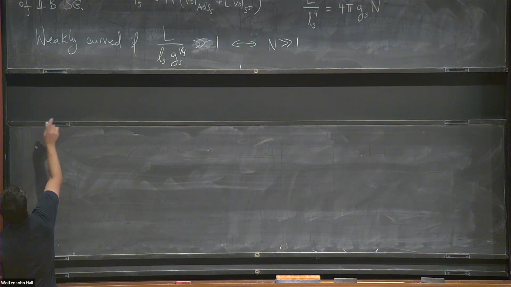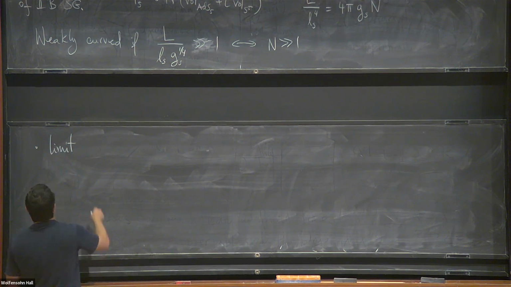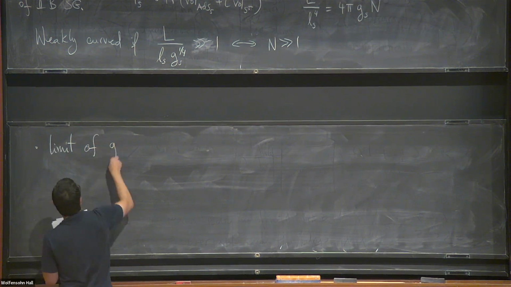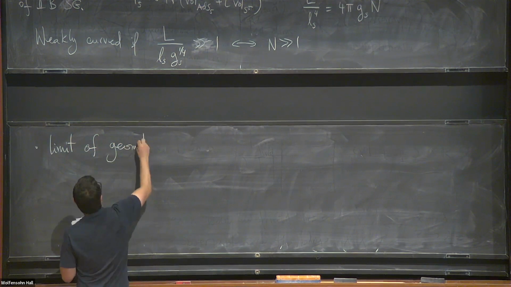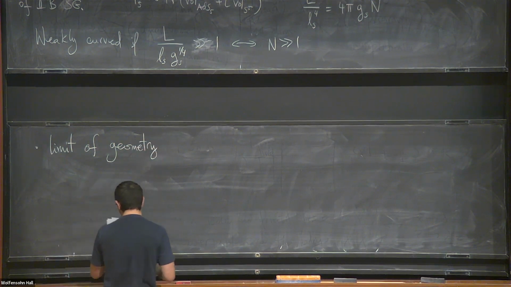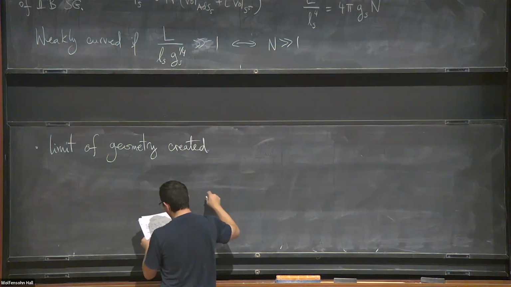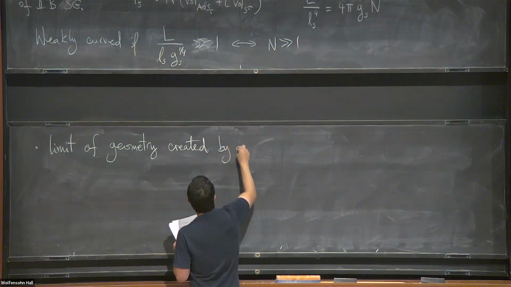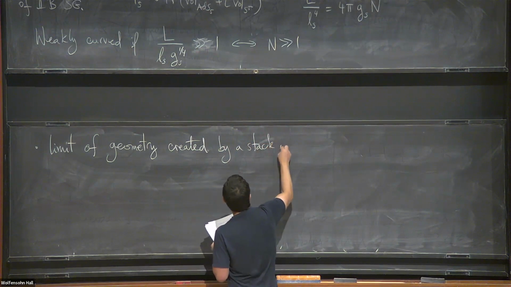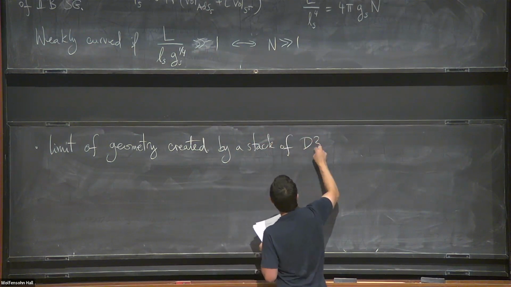This geometry, AdS5 times S5, is a limit of a different geometry created by a stack of D3 branes.